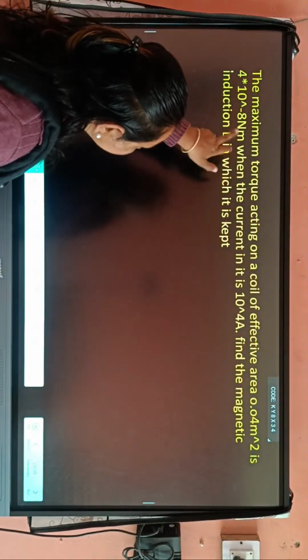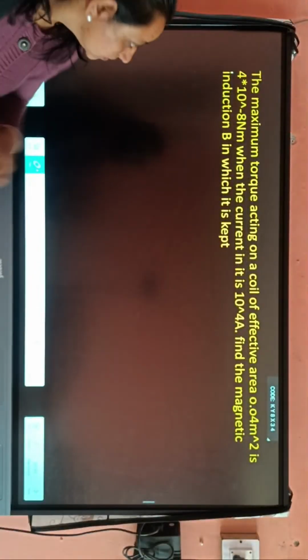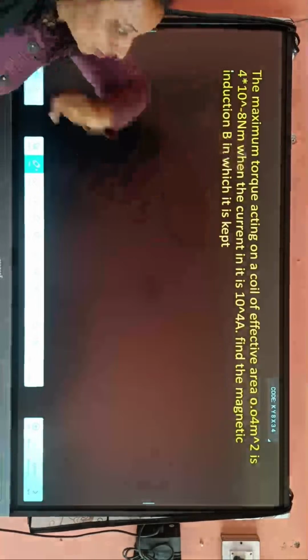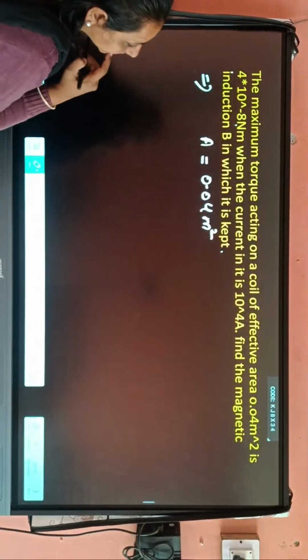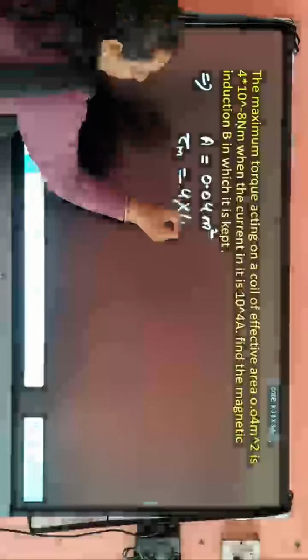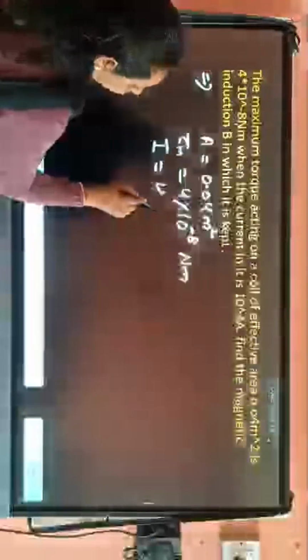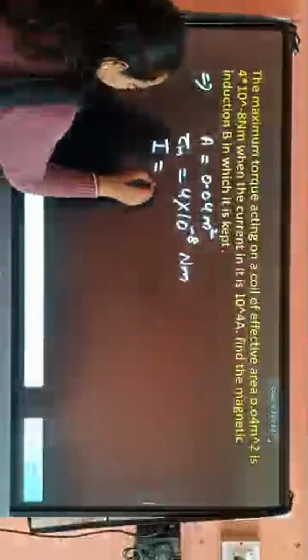Now we have a question. The maximum torque acting on a coil of effective area 0.04 meter square is 4 into 10 raised to the power minus 8 Newton meter when the current is 10 raised to power 4 ampere.